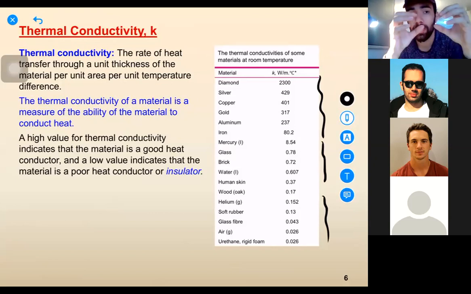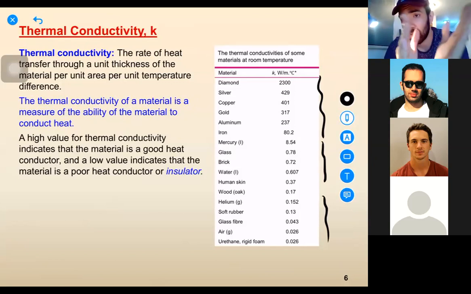In solids, for example, you have a shorter molecule distance. So these molecules are much closer to each other. So that's why they can transfer the energy much faster by vibrating and different kinds of movements. But in liquid or gas, this distance is higher.